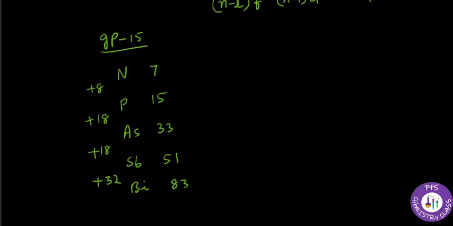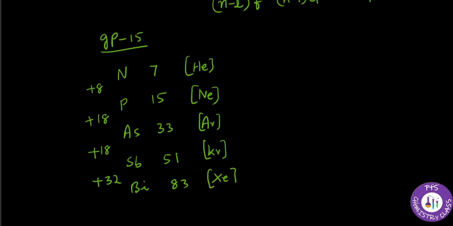You have to write helium, neon, argon, krypton, xenon, radon. Then this is 1s2, you know that, you don't have to write it.